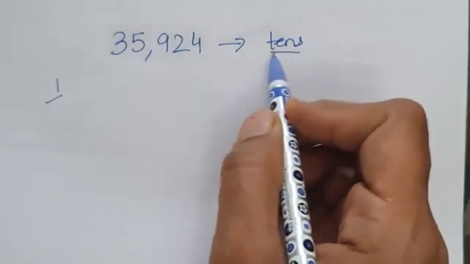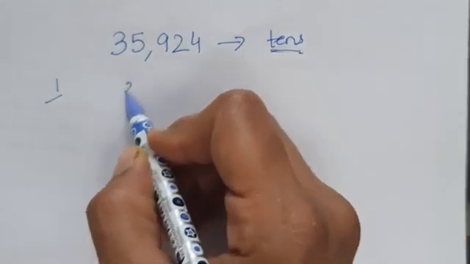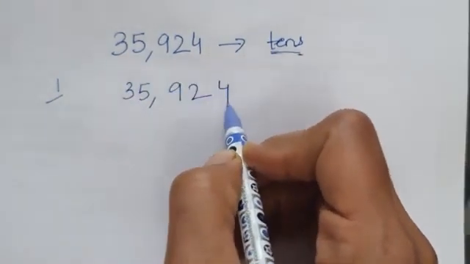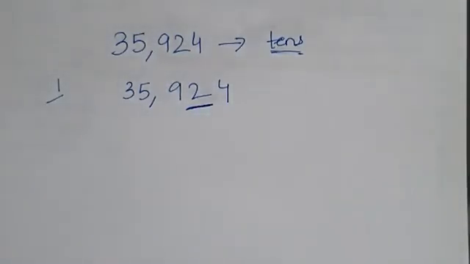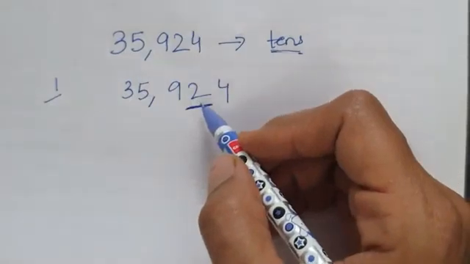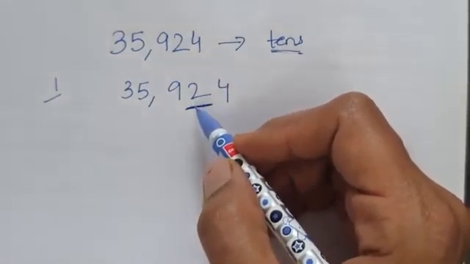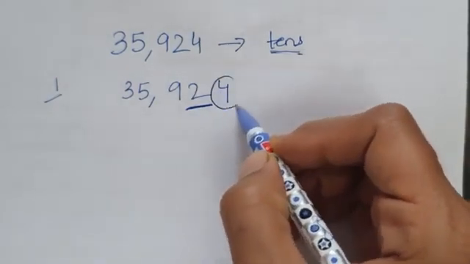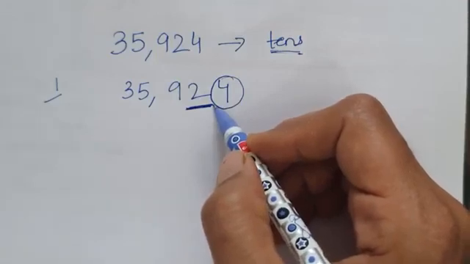Now at tens place we have to round off. So let us underline the digit at tens place. That is digit 2. Now second step is what? We will circle the digit which is just next to the underlined digit.